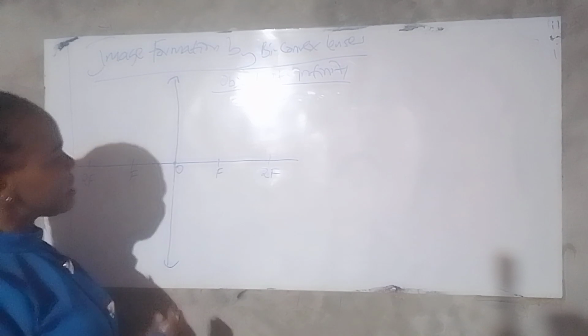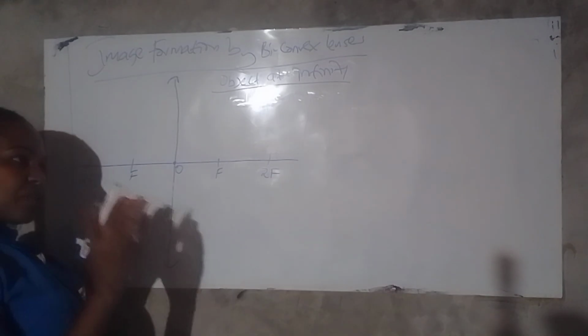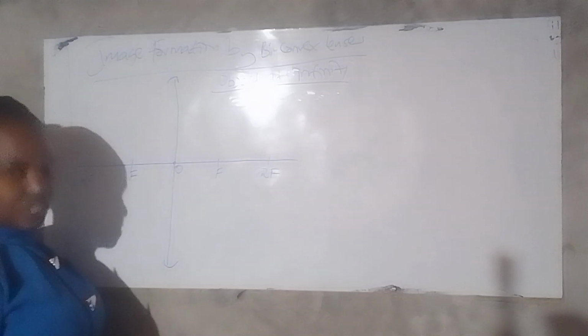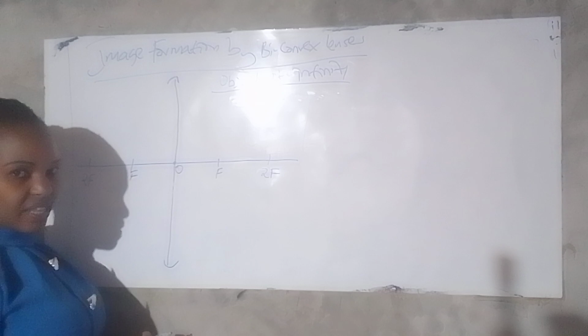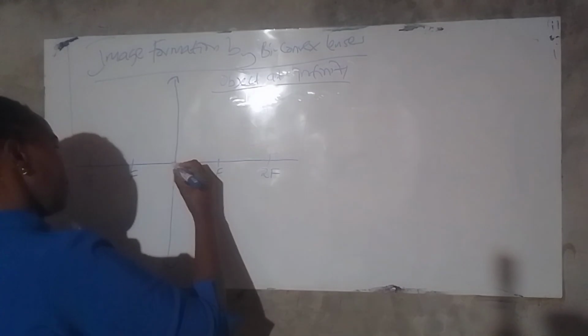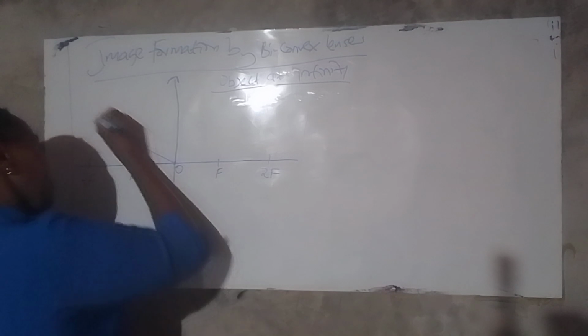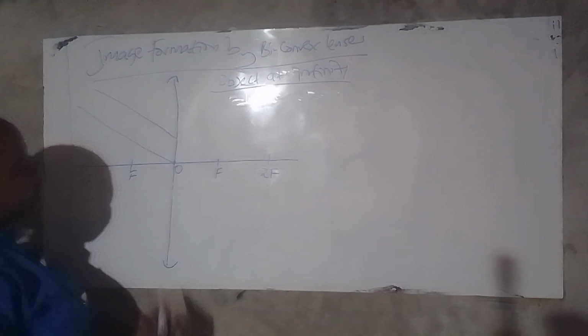Now, when an object is at infinity, the rays come to the lens parallel to each other. That's number one. They come to the lens parallel to each other. Now, we can draw two rays that are parallel to each other. Like that, okay?